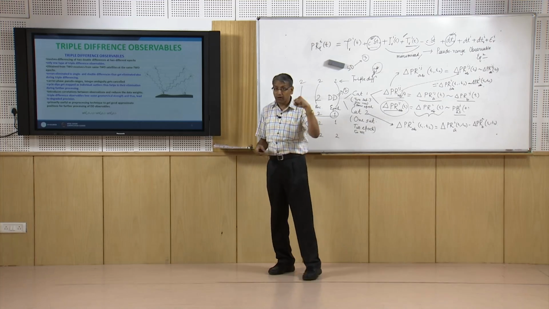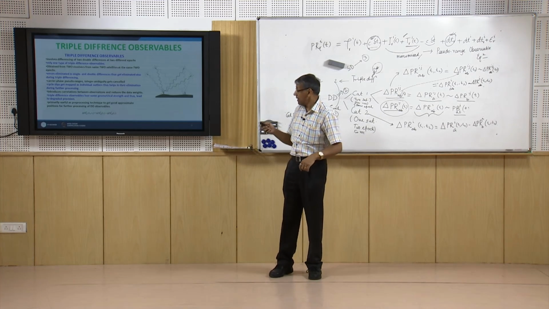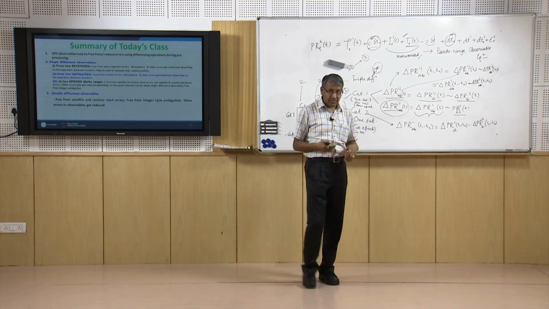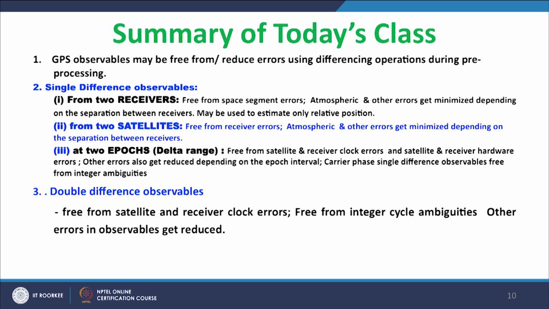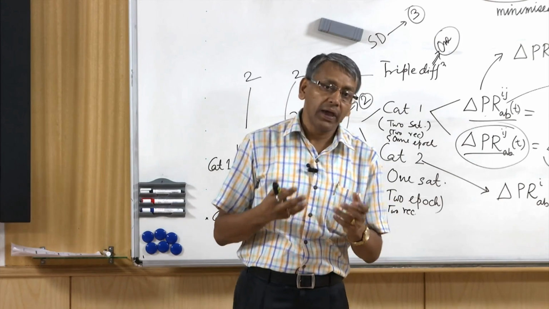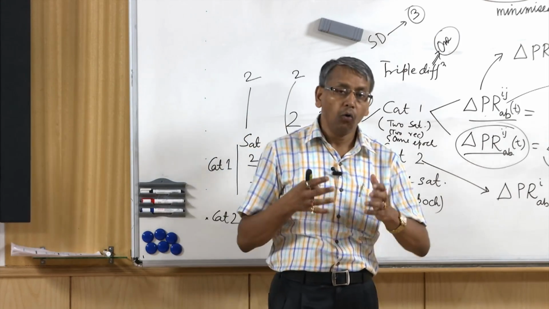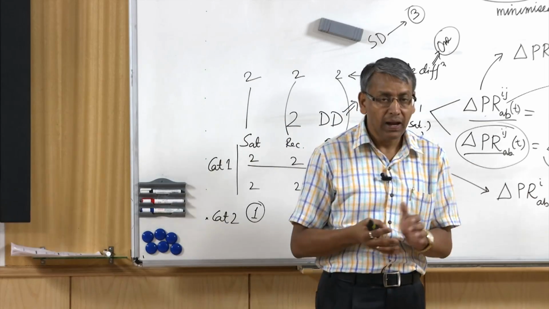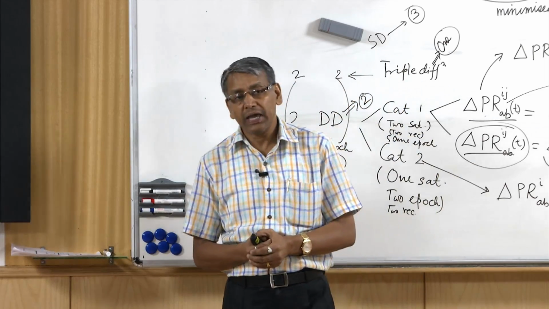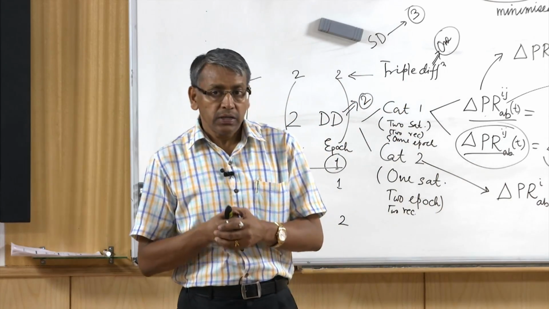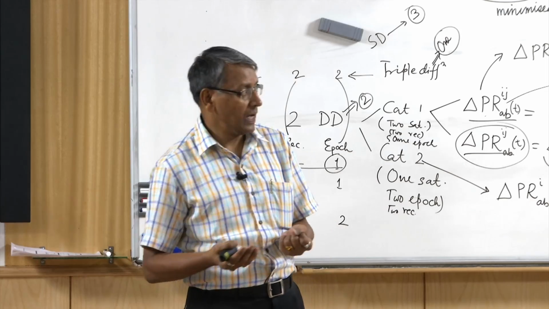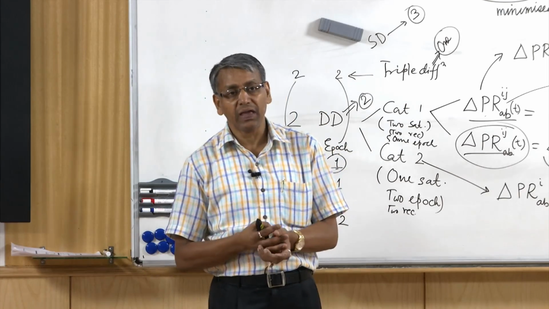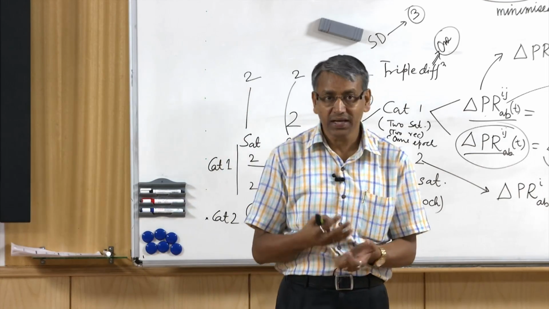With this I will conclude this class, but we can summarize it like this: the GPS observables are fraught with errors. The quality of the GPS observable will depend upon how many errors can be minimized or removed, and that we can do very easily, in a quite simplified way, by taking the different difference methods.